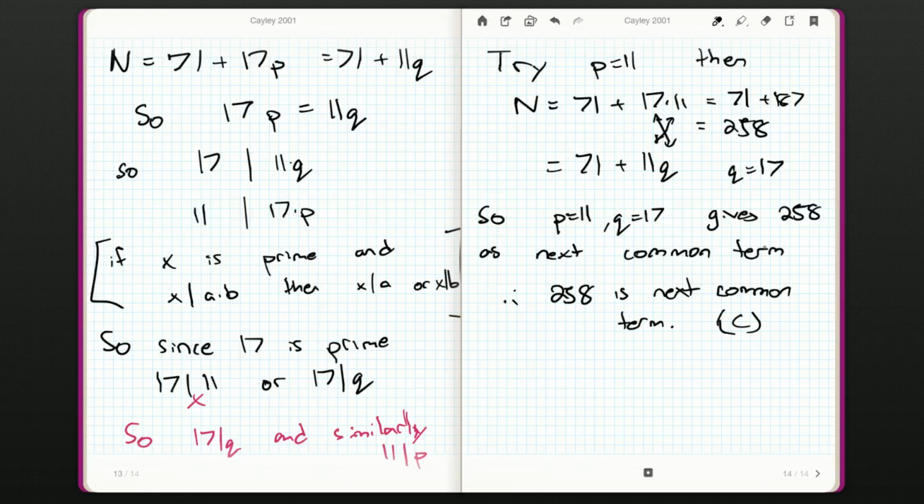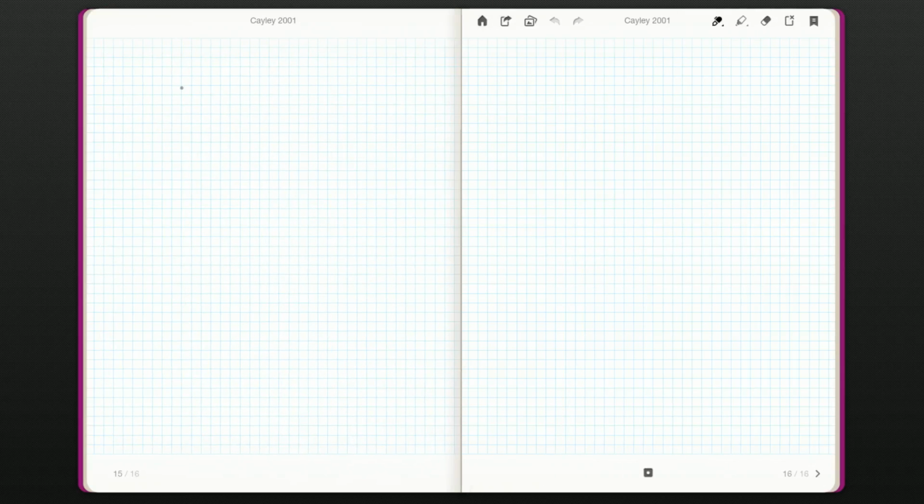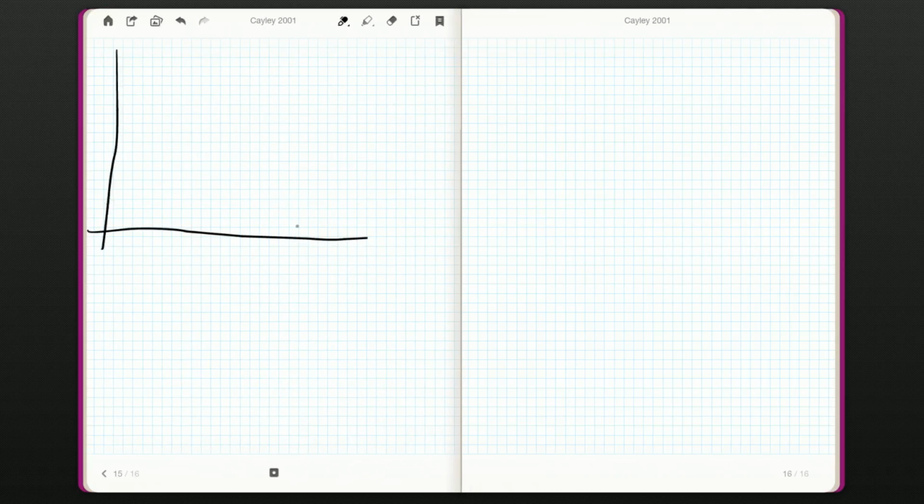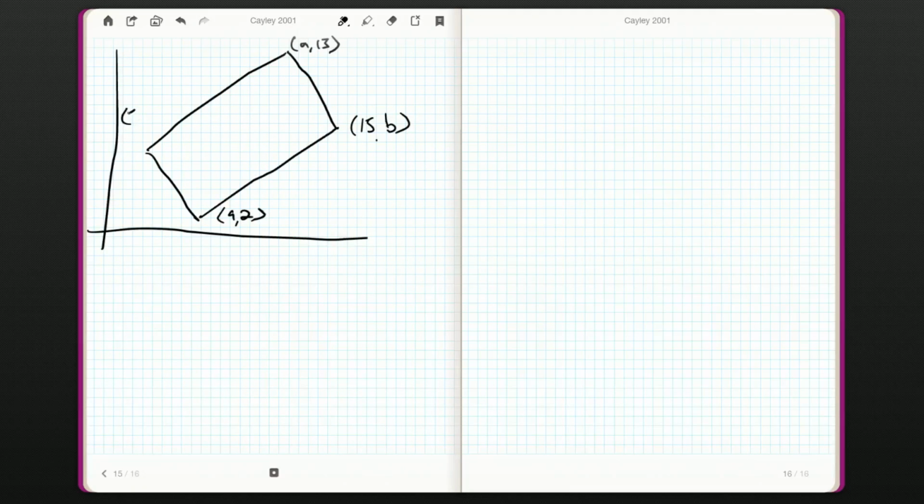So, let's draw our picture. Get ourselves a brand new piece of paper and get a picture going. So we have A13 and 15B, and then we have 9, 2 down here, and 5, 5.